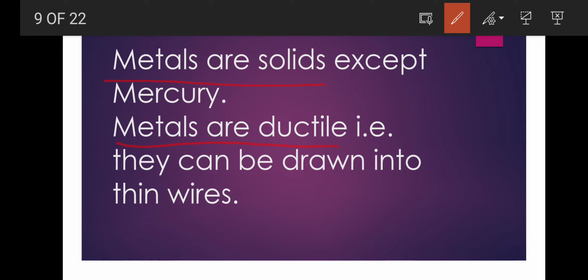Ductile means they can be drawn into thin wires. Copper is a metal, you get copper wire. Silver is a metal, you get silver wire. Gold is a metal, you get gold wire also, and that wire is used to make different jewelry and for decorating saris and suits also.